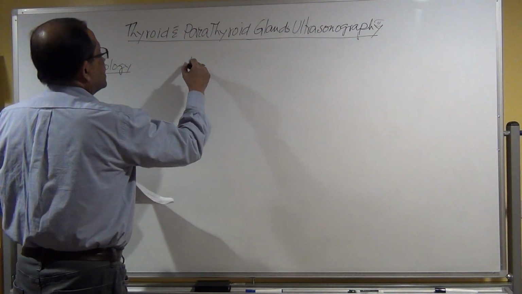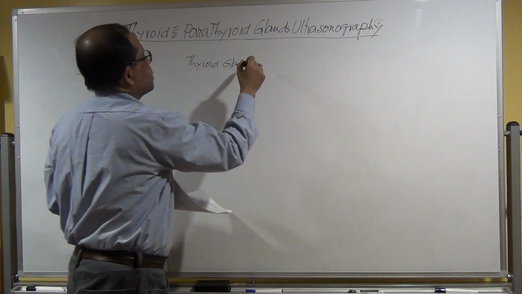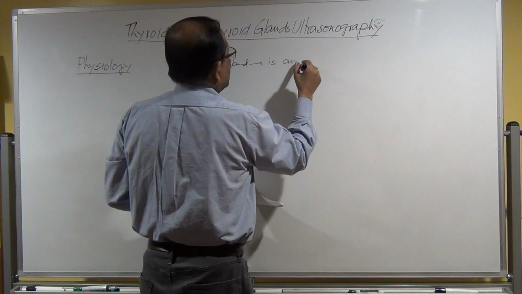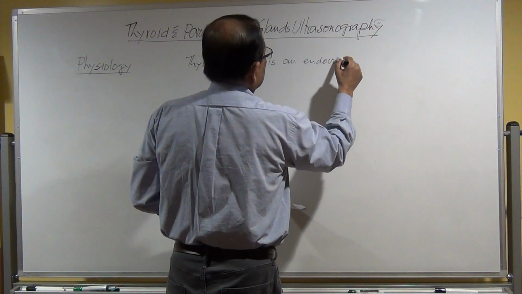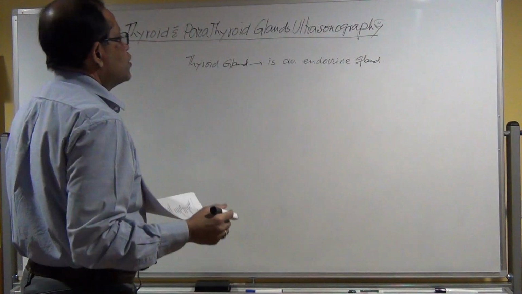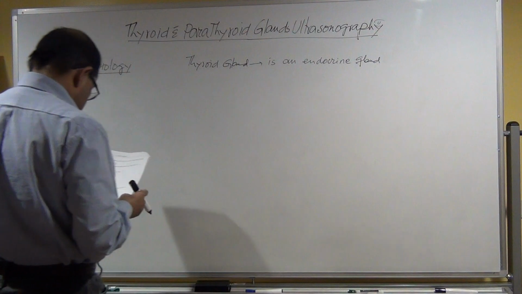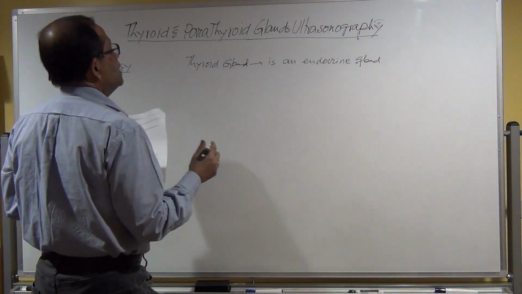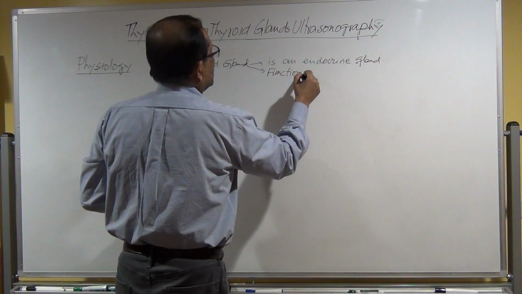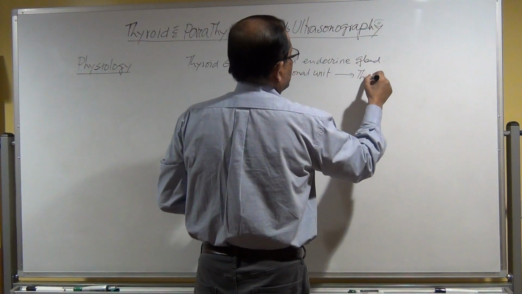Thyroid gland is an endocrine gland. It is an endocrine gland, means ductless gland, and the functional unit of the thyroid gland is known as thyroid follicle.